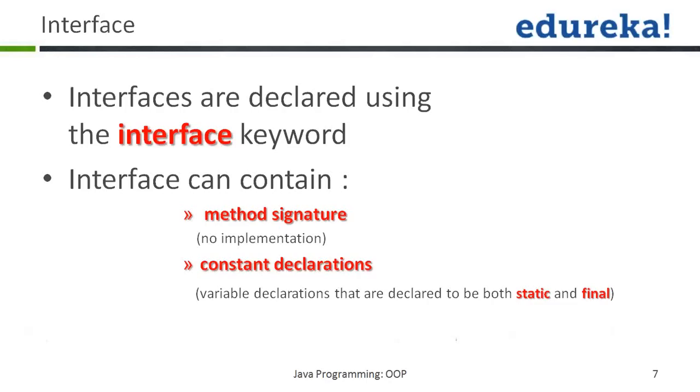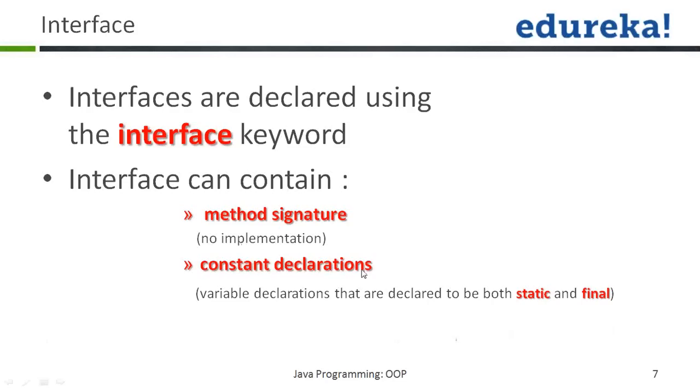Can any one of you tell me? Okay, we'll come back to this question once again. Now, we were on interface can contain method signature, that is simple abstract methods without any implementation.